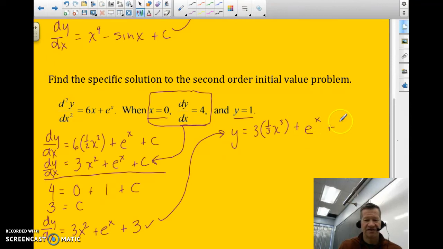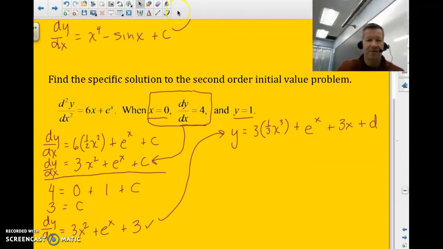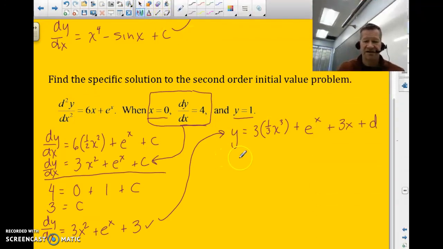The antiderivative of 3 is 3x plus a constant. Now we already called something c. You can call it d if you want to. It wouldn't really be the end of the world if you call it c again, but whatever, okay? I'm going to move my face up so it's out of the way. And let's continue. So this would be y equals a third of 3 is 1. So that would be x to the third plus e to the x plus 3x plus d.